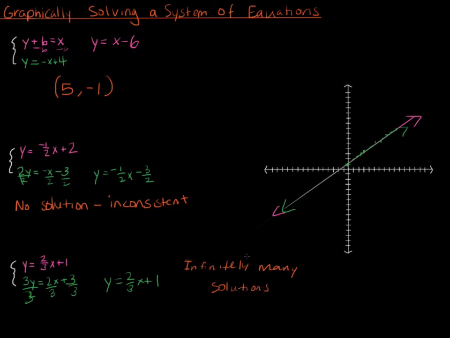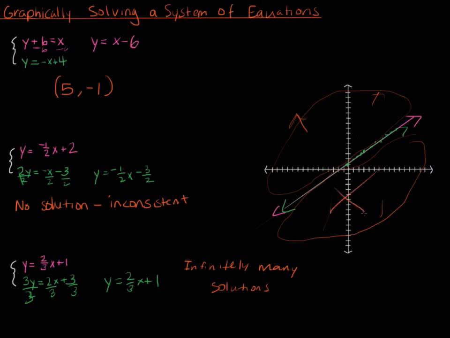Okay, please do not call it all solutions, because you'll notice that there's a whole world out here, like all the points over here going on forever in these directions, and all the points over here going on forever in these directions. These are not solutions, right? None of those are solutions. So it's not all solutions, but there are infinitely many solutions on this line.